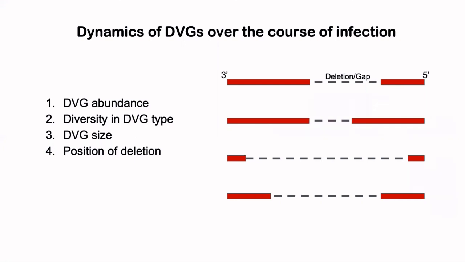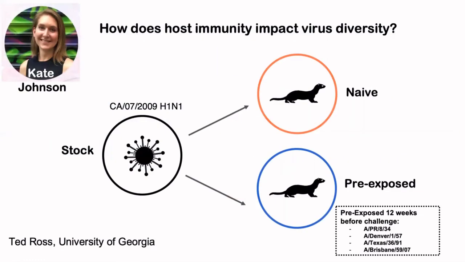Now, to look at this, we've done multiple types of experiments. And one of the experiments we did a few years ago was actually to look at, we were mainly interested at the time, not even in DVGs, but simply how does the virus evolve differently in individuals that are pre-immunized with flu.